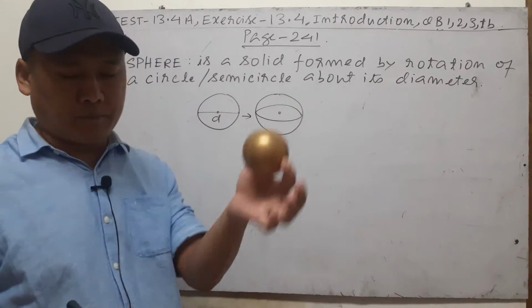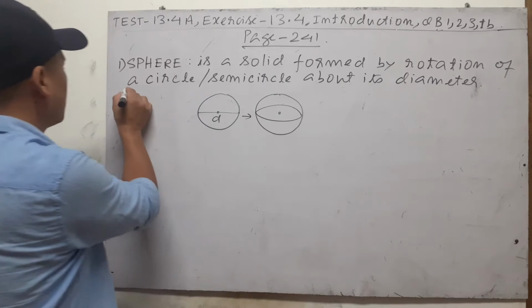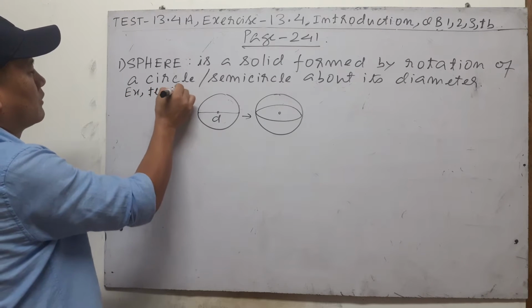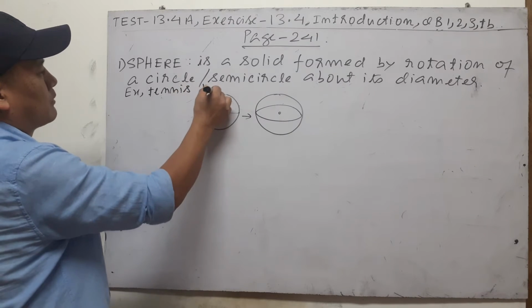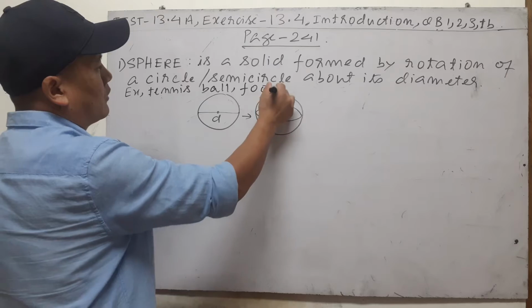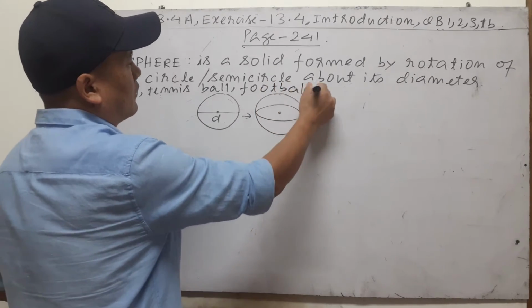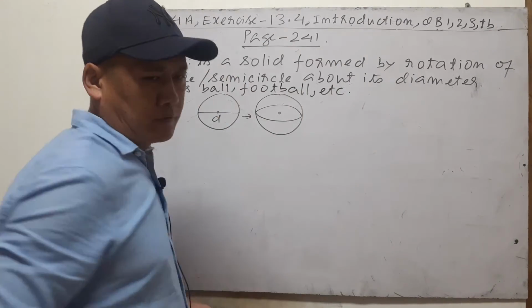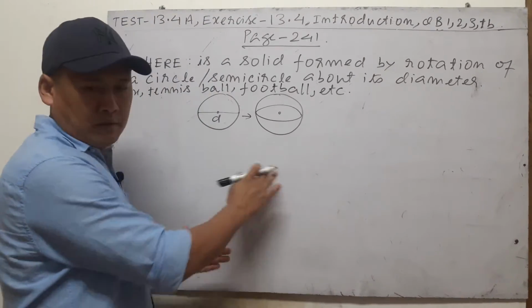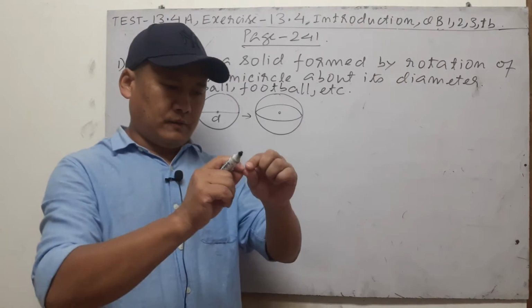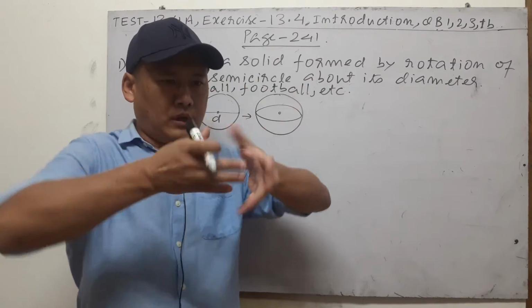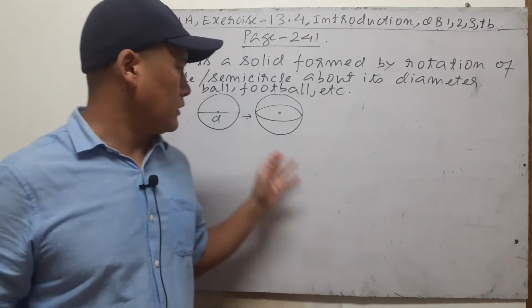Okay, this one. So you can write here example. A tennis ball is a perfect example of a sphere. Football, etc. are all examples of a sphere. So what we're saying here is take a flat circle, keep the diameter fixed and rotate the circle, then it will form a football-like structure which is called a sphere.